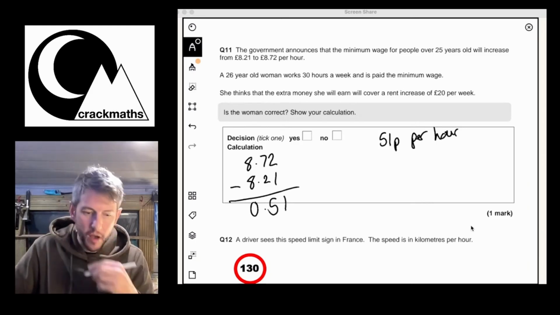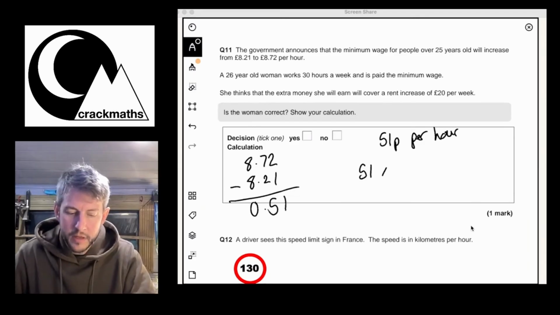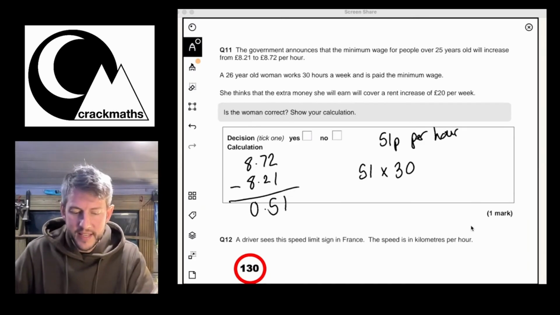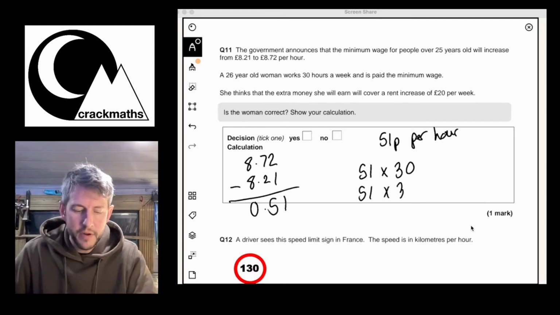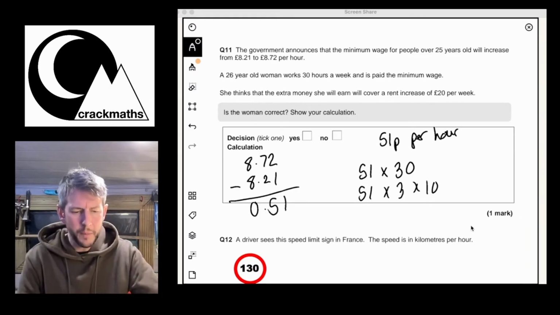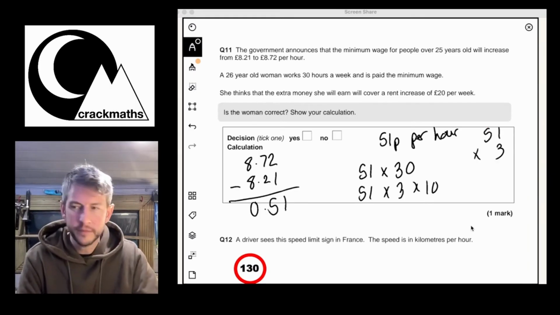So now we need to times this by 30. Okay, so we're going to do 51 times 30. Well, timesing by 30 is like doing 51 times 3 times 10. I'll just do this method for timesing it by 3. 51 times 3.